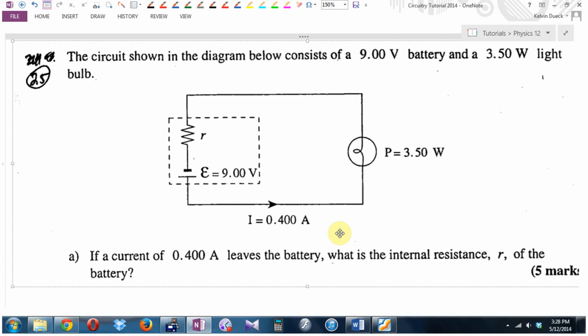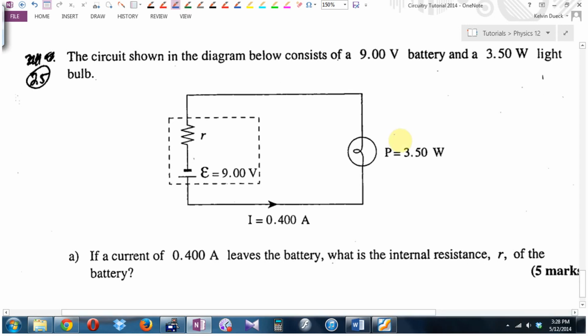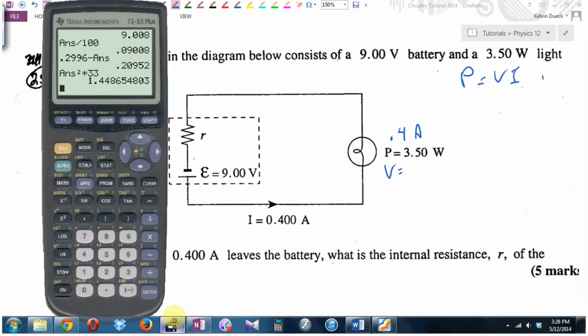The first thing I would do is I would say, hey, I know 2. Now, we don't use the power equation that much, but I'm telling you, if I know 2, I know 4 things. So how can I find the voltage drop through here? Well, power equals VI, so I guess V equals what over what? Okay, so the voltage drop is going to be power over current, 0.4, right?